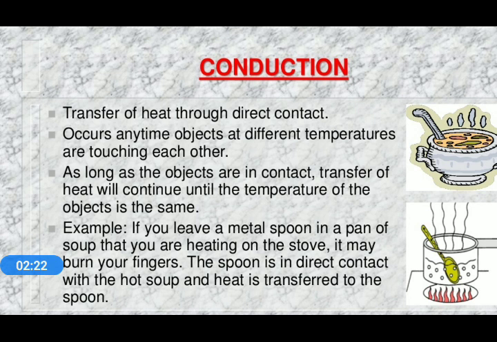For example, if you have a metal spoon in a pan of soup that you are heating on the stove, it may burn your finger. The spoon is in direct contact with the hot soup and heat is transferred to the spoon. So these are some characteristics of conduction.